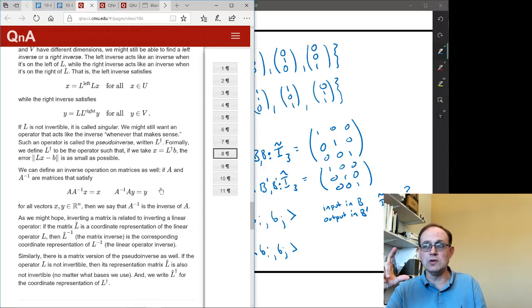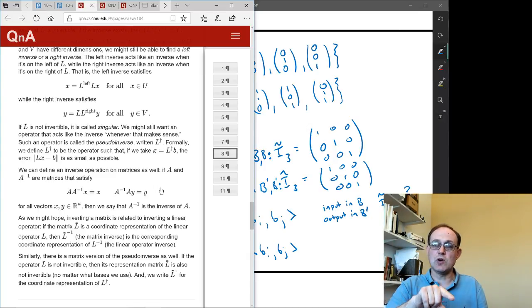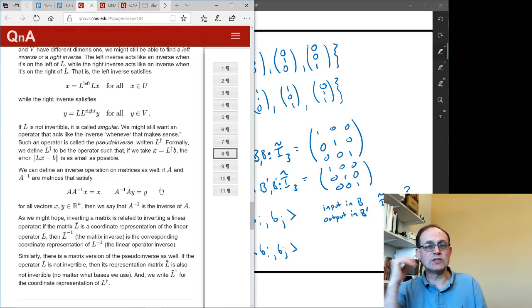So you can do the inverse directly as a linear operator, or you can map to a coordinate representation, take the matrix inverse, and then go back to a linear operator. And similarly, there's a matrix version of the pseudo inverse, and there are algorithms for calculating these matrix versions. You'll find them in numerical libraries like MATLAB or SciPy.